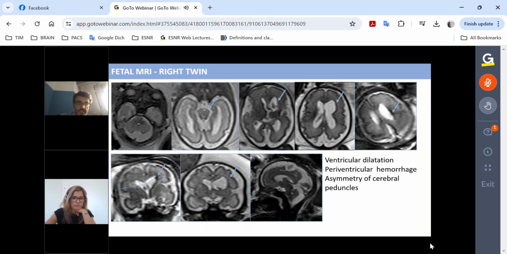And also, if you look properly at the brainstem, there's already some asymmetry. So the left cerebral peduncle is a bit smaller than the right one. So kind of a Wallerian degeneration that reduced the volume of this peduncle.